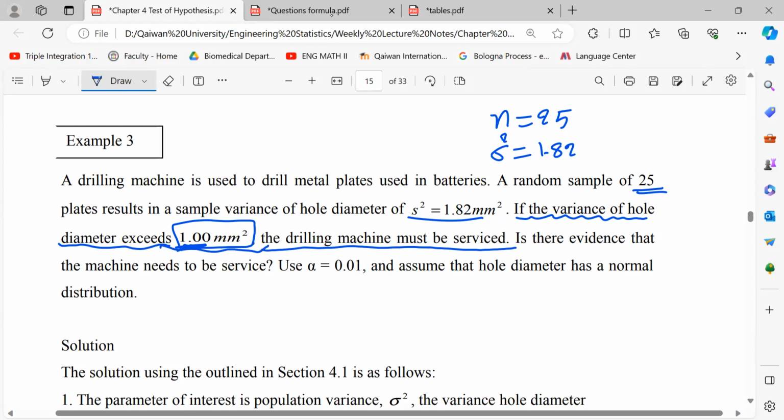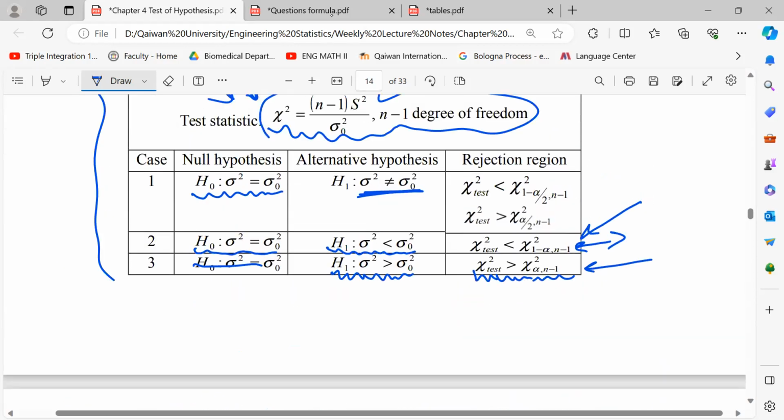It says if it exceeds, it's more than this, so it's the alternative hypothesis. The null hypothesis is sigma squared equals 1, and the alternative hypothesis is sigma squared greater than 1.